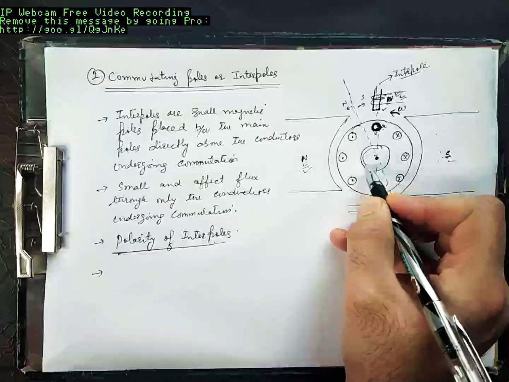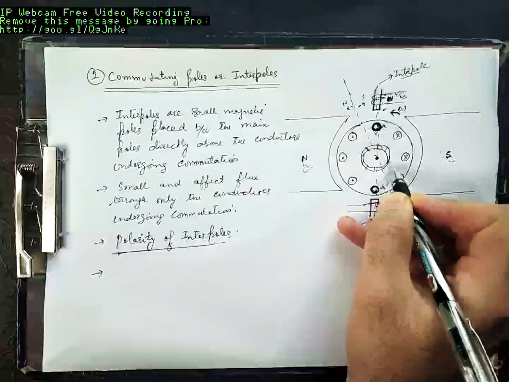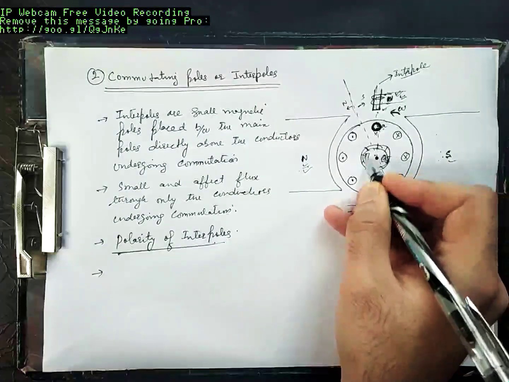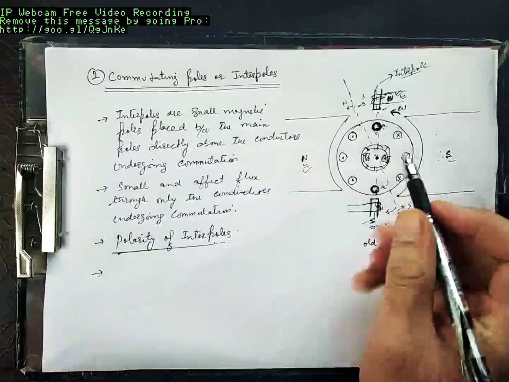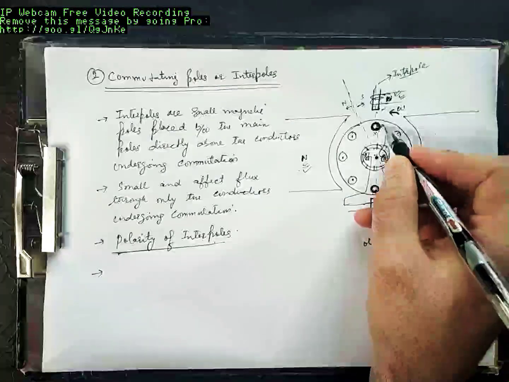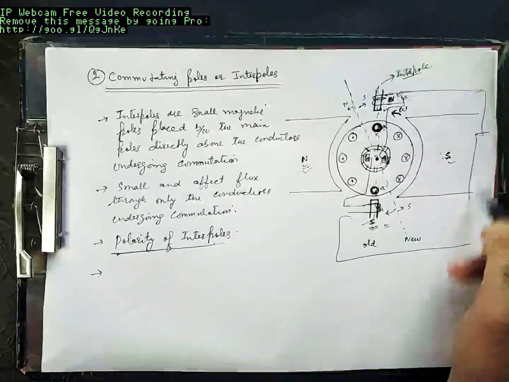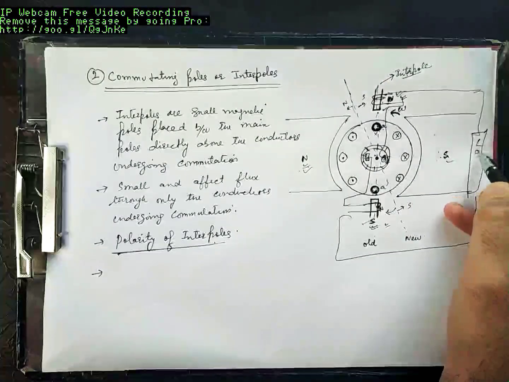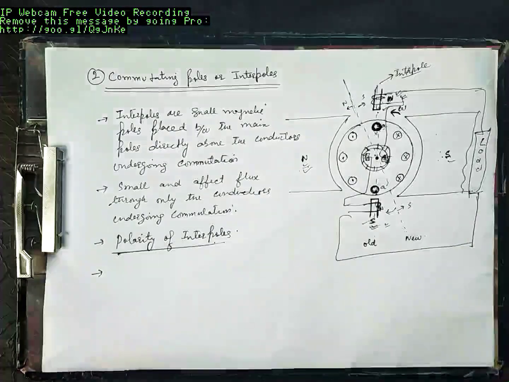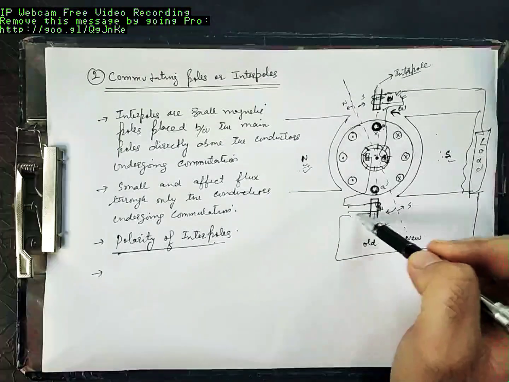If this is suppose a commutator of the machine, these are brushes, say, they are being supplied, you connect load on the side. So these interpoles are being supplied from the armature itself.